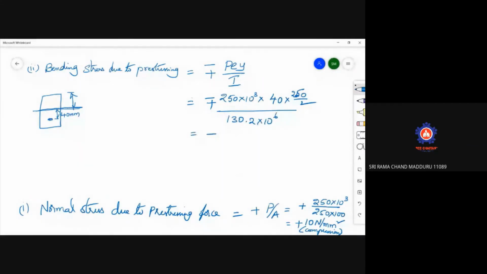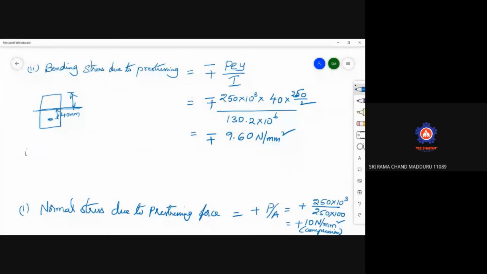What is that value? 9.6 Newton per mm square. So that is the value of bending stress due to pre-stressing.